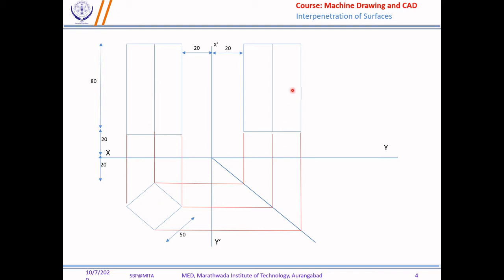Once you draw the vertical prism correctly, we need to name each vertex of this diagram. There are 8 vertices: on the top face there are 4 vertices and on the bottom face there are 4 vertices. The total 8 vertices are named A, B, C, D as shown here. In the front view they are represented as A dash, B dash, C dash and D dash.